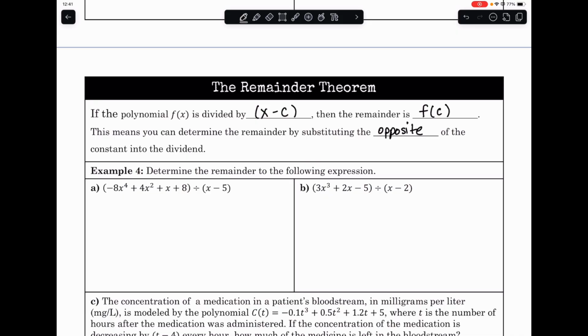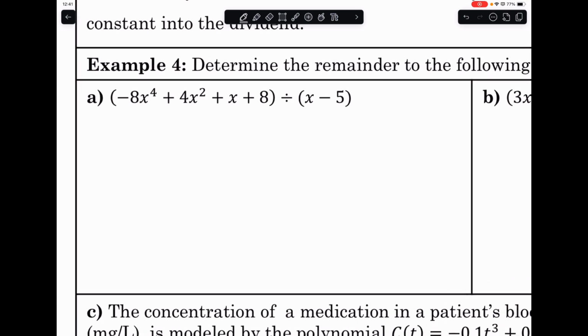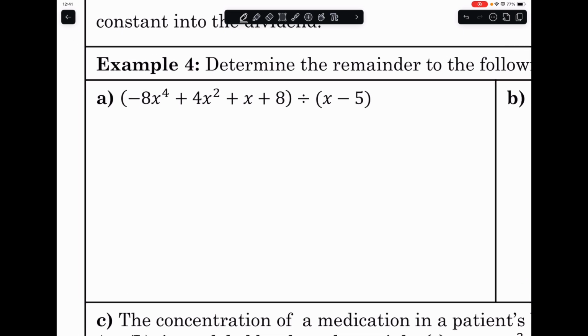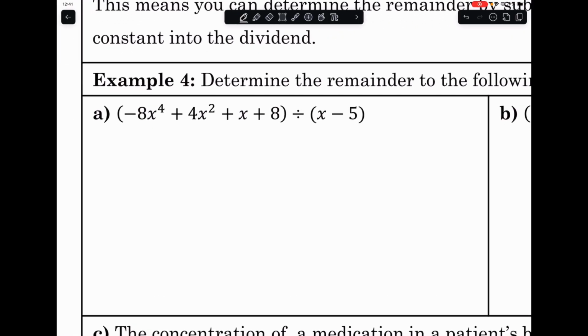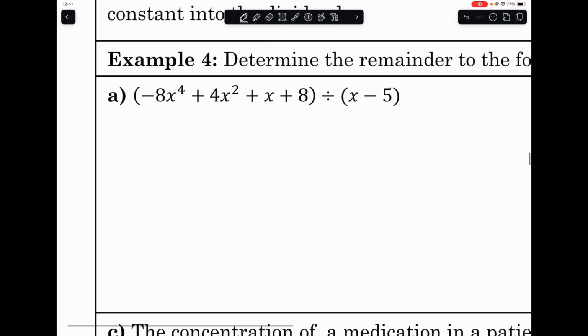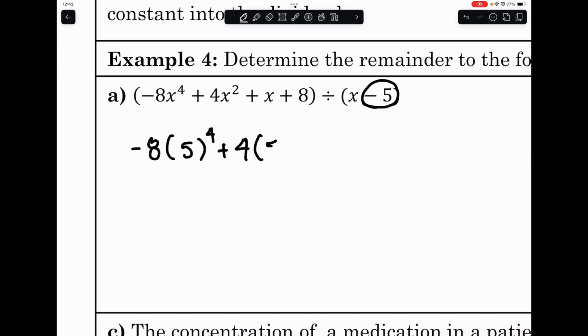So let's look at an example of this. Let's jump straight into example A here. If the question is to determine simply the remainder, without having to use long division or synthetic division, I can determine the remainder by simply plugging in the number 5, the opposite of negative 5, into our x and evaluating that.